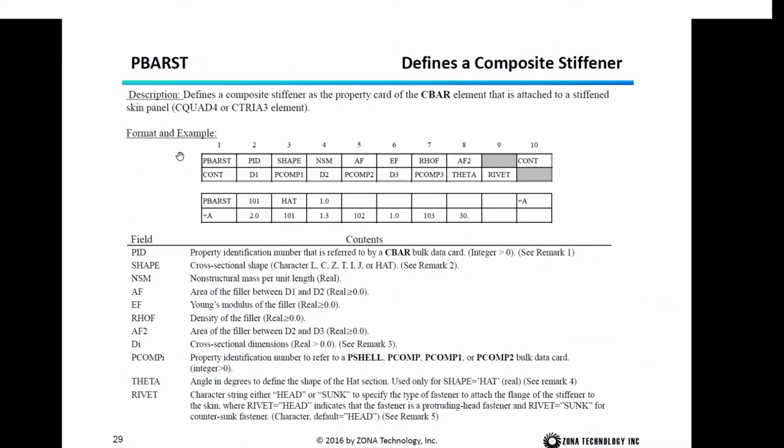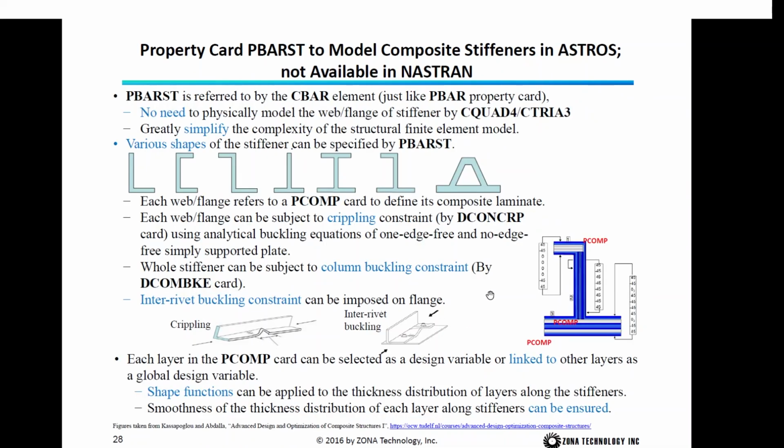So this is the typical input card of PBARST, and you have the PID, which is referred to by the CBAR card. You can select a shape, and you can specify the non-structural mass. AF, EF, and rhoF are the area, Young's modulus, and density of the filler between right here and right there.